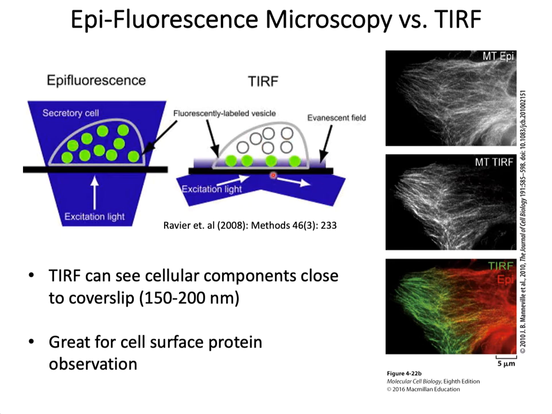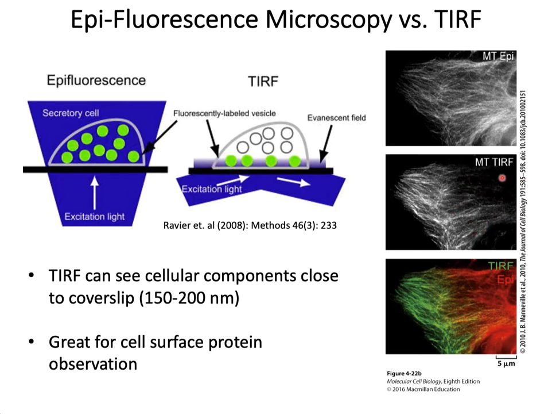On the right-hand side, you can see the cytoskeletal structure of microtubules that are fluorescently labeled. The top panel shows the entire depth of the cell and shows all the microtubules spanning the entire depth of the cell. The middle slide shows the microtubules only closer to the bottom of the cell, at the cover slip, that are in the evanescent field.